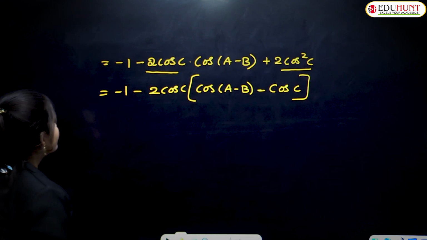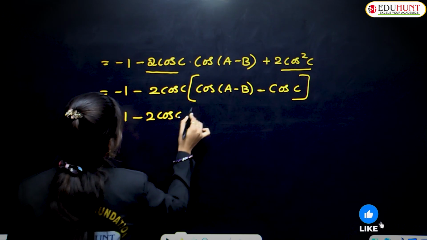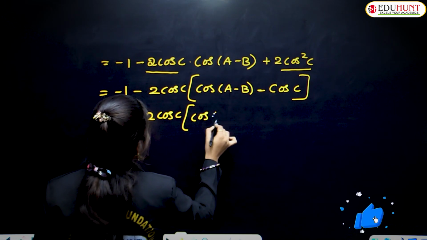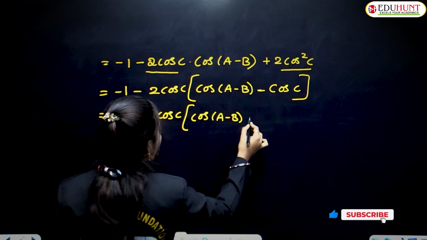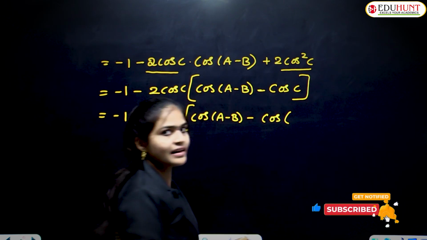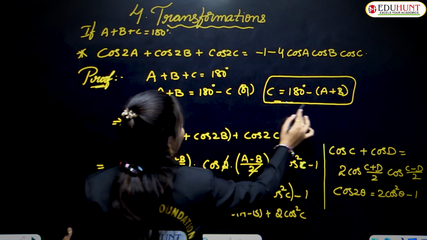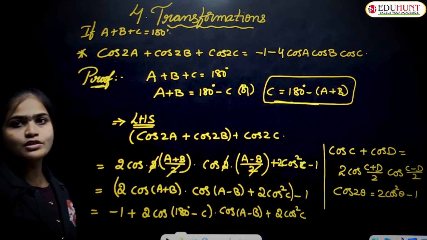So here children, minus 1 minus 2 cos c into [cos of (a minus b) minus cos c]. At the place of c we can write 180 degrees minus of (a plus b). So c is equal to 180 degrees minus of (a plus b).